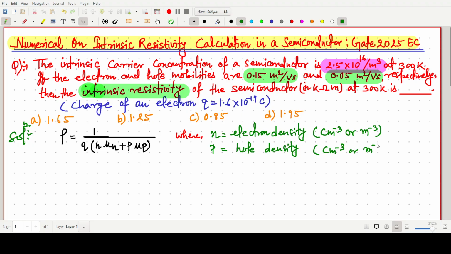But in the question there is no information about the electron density and hole density. So from the law of mass action, np equals ni square, as we know. We have to consider n and p having the same value as the intrinsic carrier concentration.